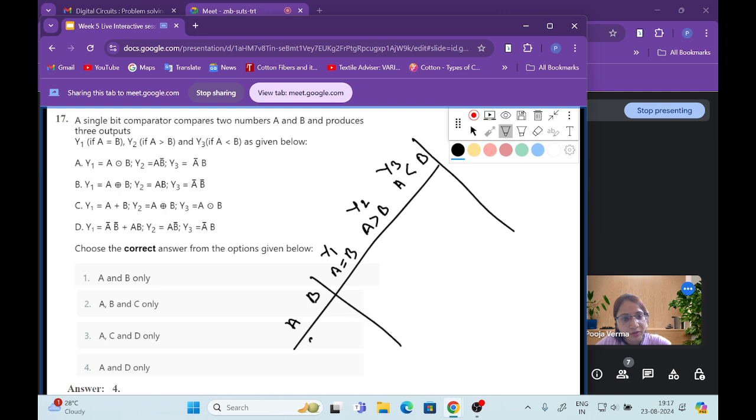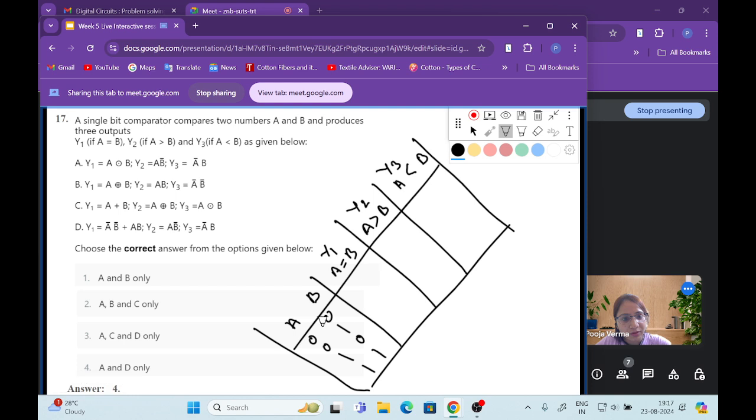The number of possible combinations are 0 0, 0 1, 1 0 and 1 1. Here it is 0 0, that means A is equal to B, right? A and B are equal. Then we have to put 1 here and all other places 0, because y1 is correct. Now next one is A is 0 and B is 1.